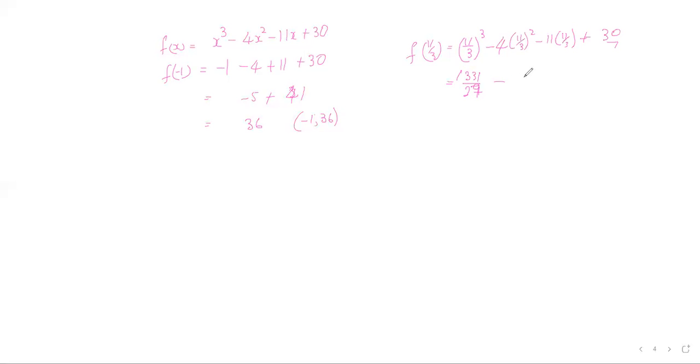Minus 4 times 121 over 9, minus 121 over 3, plus 30 over 1.